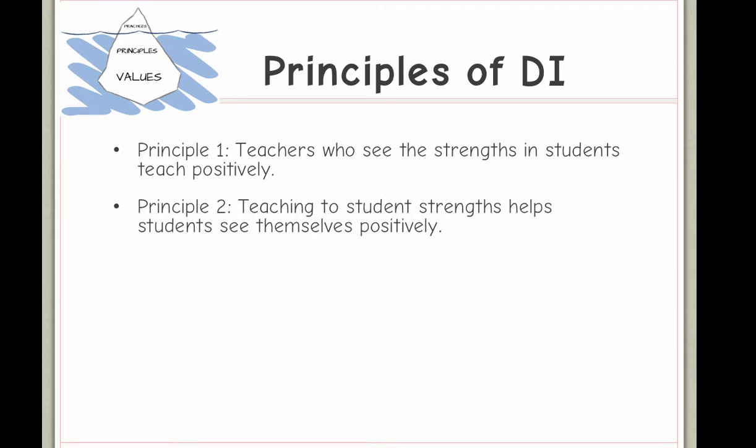Principle 2, teaching to students' strengths helps students to see themselves positively. That seems very obvious to me, that if teachers respectfully see students' varying abilities as a positive and not as a hindrance or a weakness, students will see themselves, as well as their ability to learn, in a positive way.